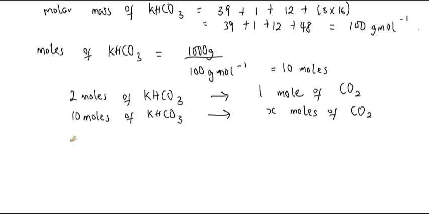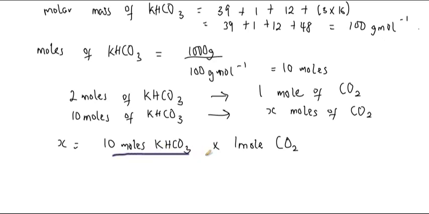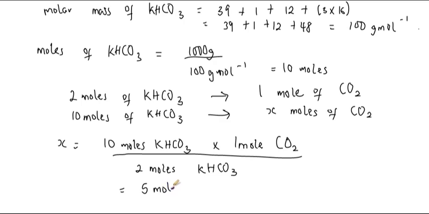So to get X now, we'll be cross multiplying indirectly, then X equals 10 moles KHCO3 multiplied by 1 mole CO2 divided by 2 moles KHCO3, which is equivalent to 5 moles CO2.